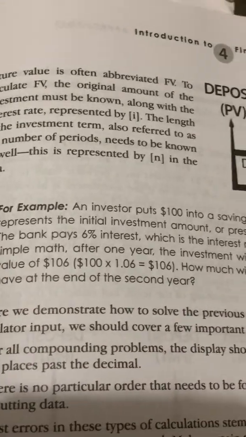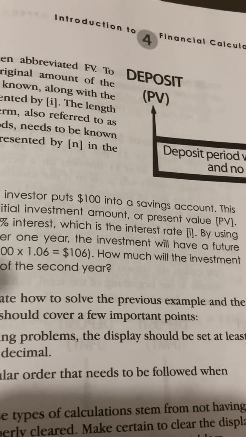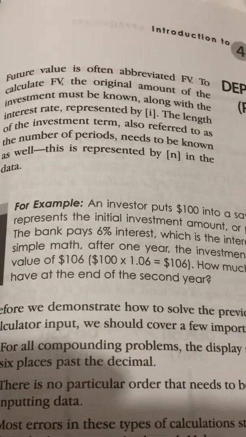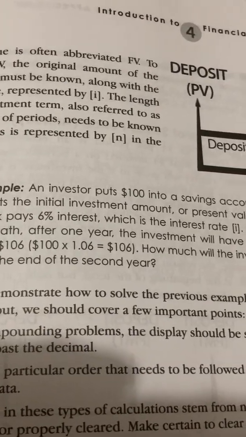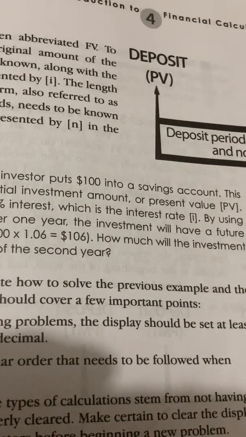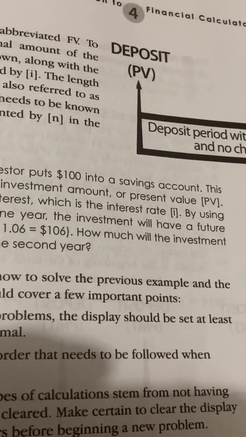For example, an investor puts $100 into a savings account. This represents the initial investment amount, or present value, PV.